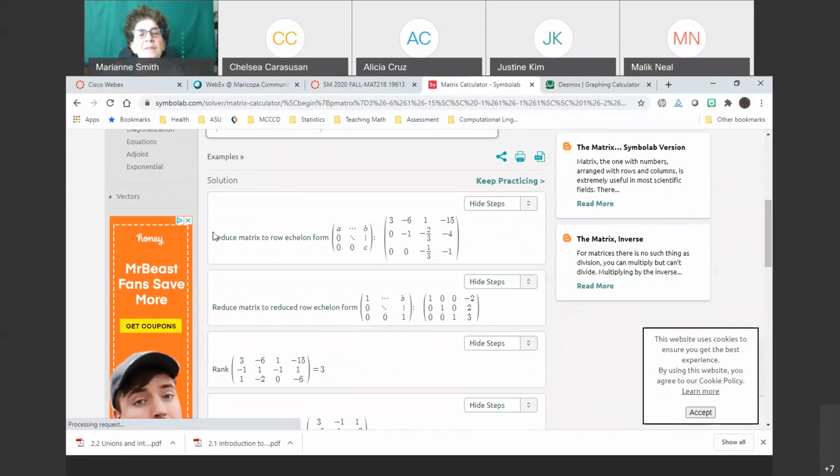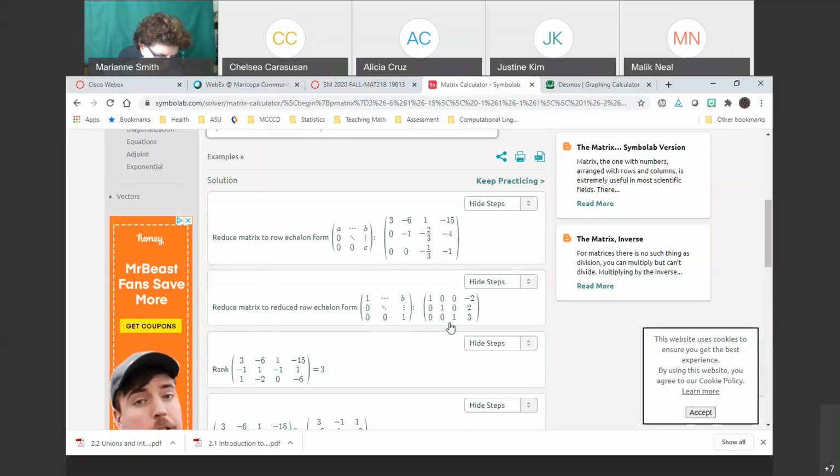It says reduce matrix to row echelon form, and it would show you the steps. What have I got here? What your X, Y, and Z all equal? Right, so here's what comes out of it.